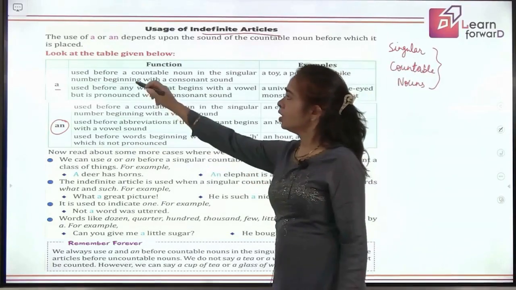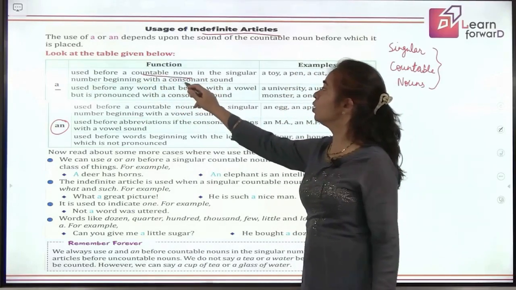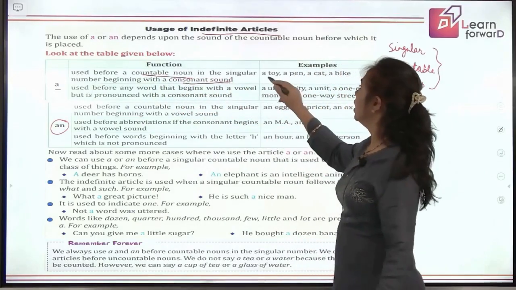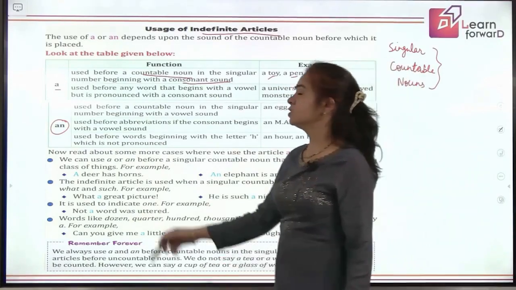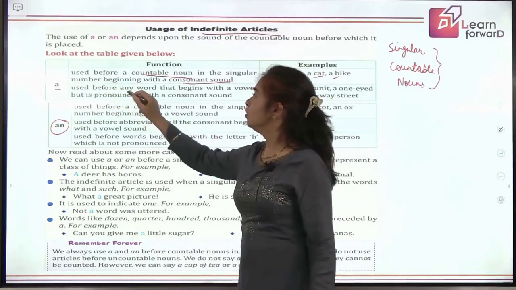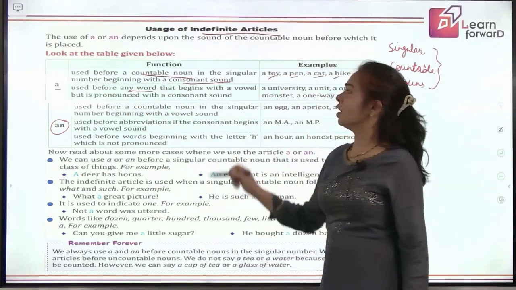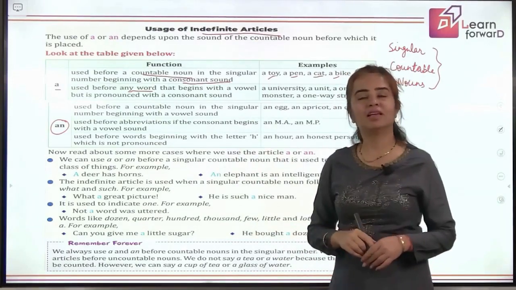Okay. So, a is used before a countable noun in singular number beginning with a consonant sound, like a toy, a pen, a cat, a bike. All these have the consonant beginning sounds and they are singular countable nouns. They are also used before any word that begins with a vowel but is pronounced with a consonant sound. That means the vowel is silent there.